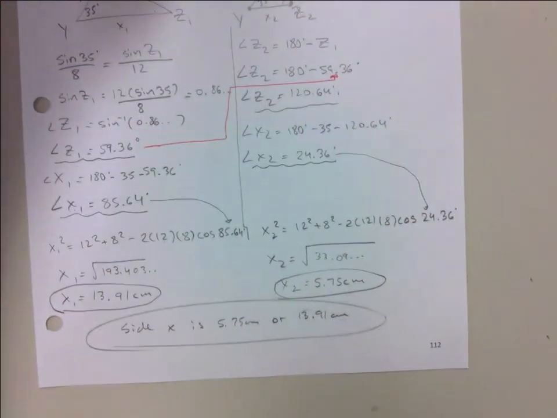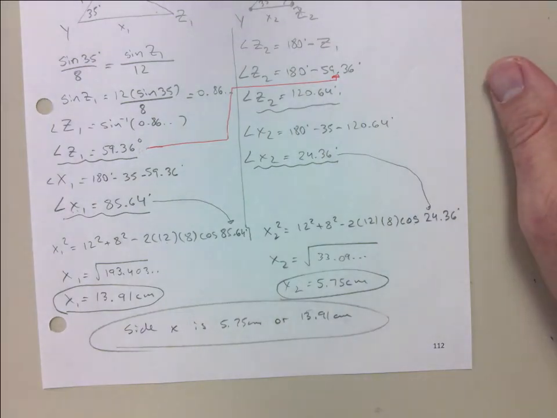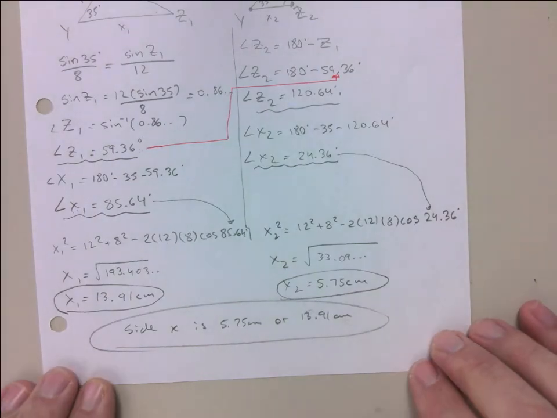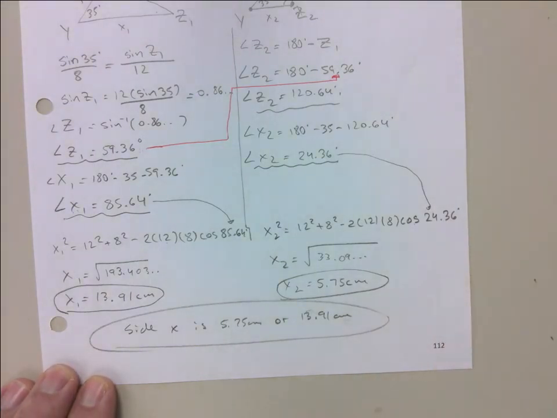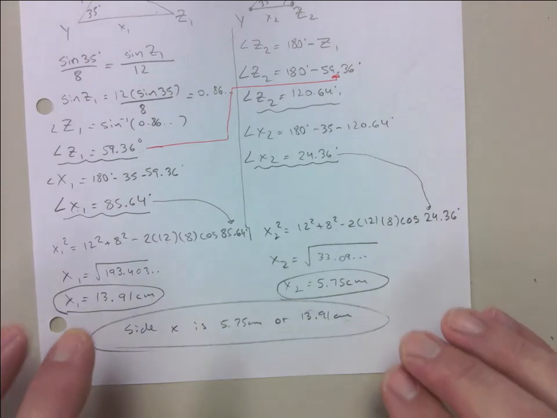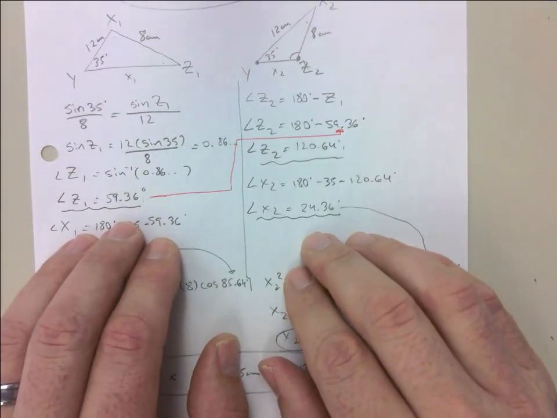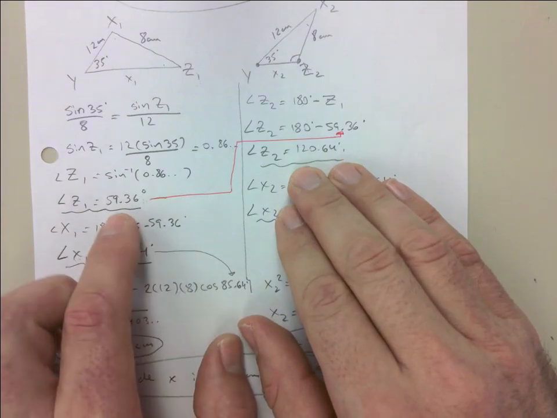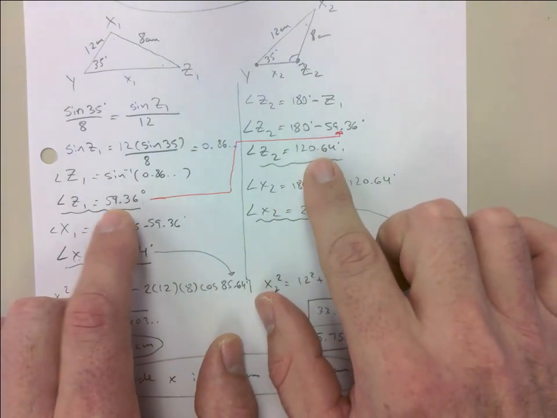So when it comes to using sine law, cosine law, there should be nothing new. I think it's just, how do I systematically approach this? That is the question, okay? And again, I'm not always going to ask you to do the whole shebang, where you do all of it. It might have stopped and asked you, what is the measure of angle Z? Then you would just have to tell me it's this or that.